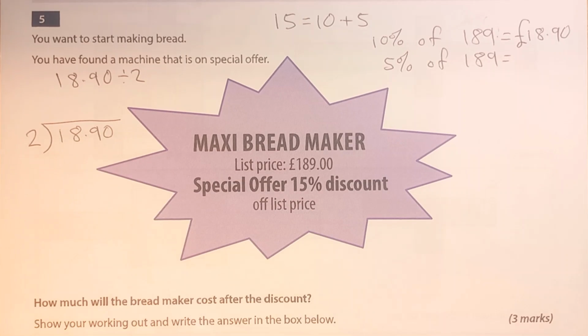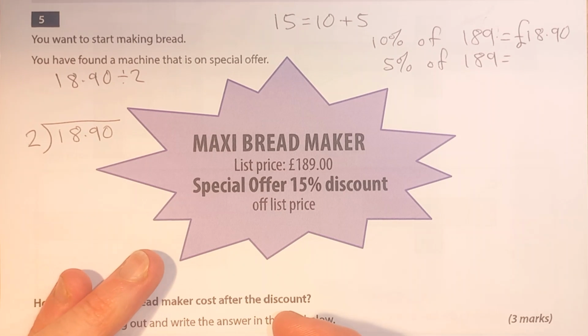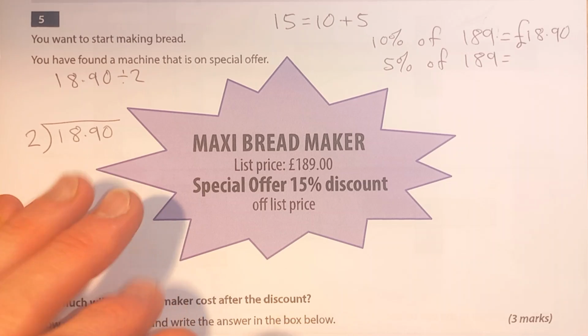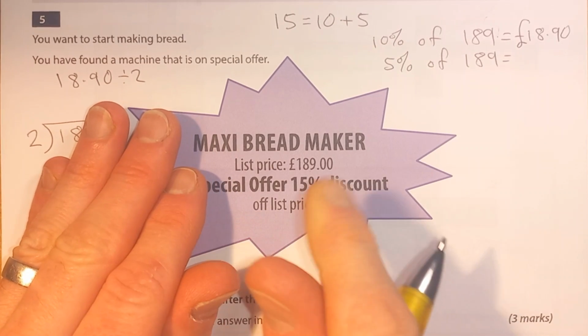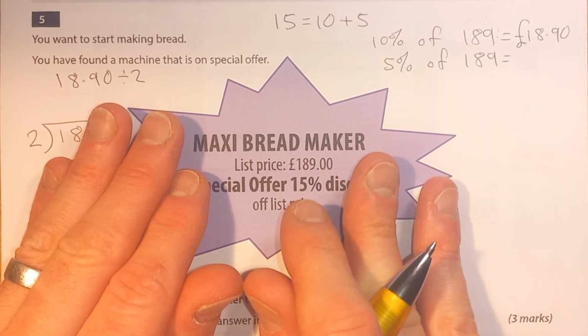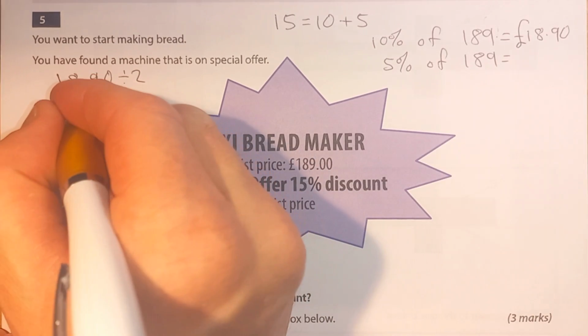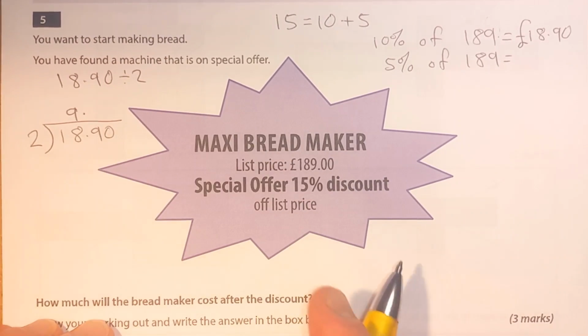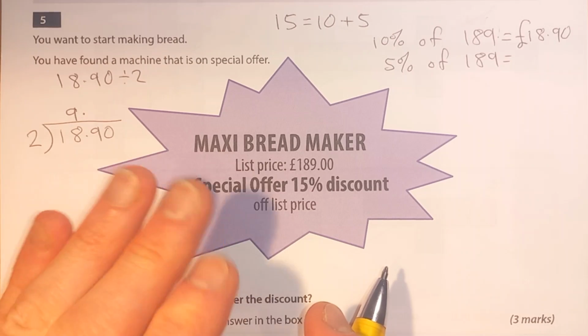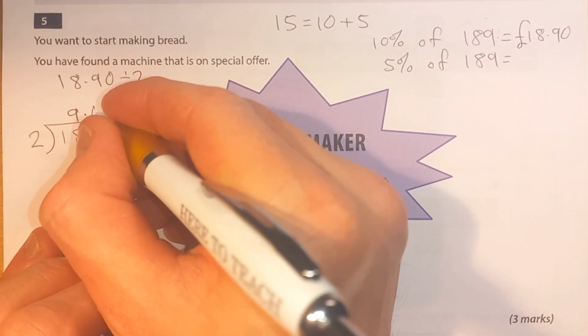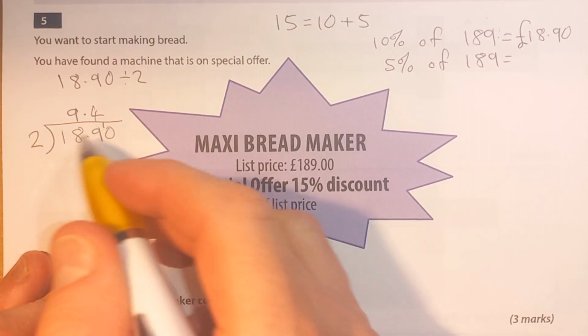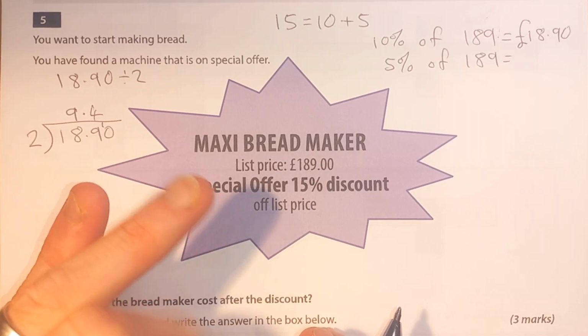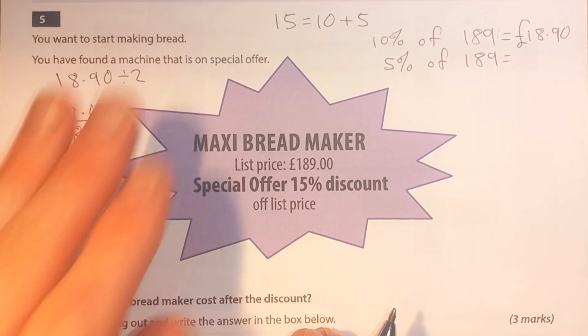What about 2 into 18? We've got 2, 4, 6, 8, 10, 12, 14, 16, 18. So that's 9 times. Put our decimal point. What about 2 into 9? 2, 4, 6, 8. So that's 4 times with 1 left over. And 2 into 10: 2, 4, 6, 8, 10. That's 5 times.